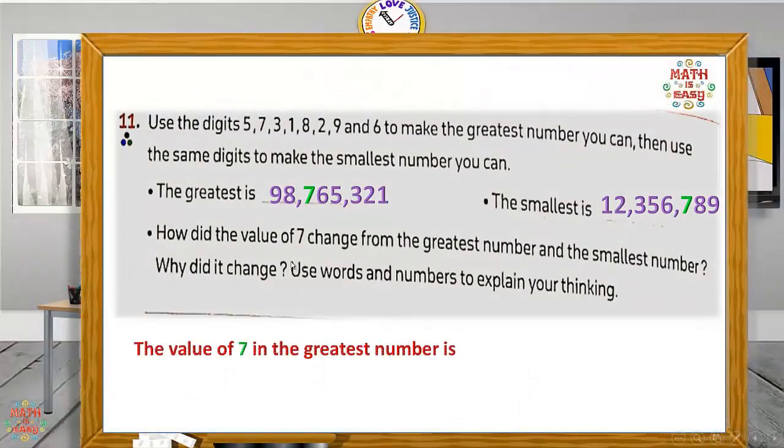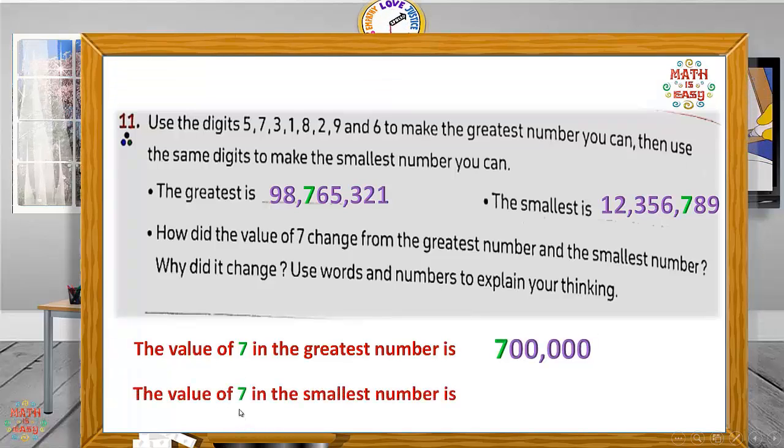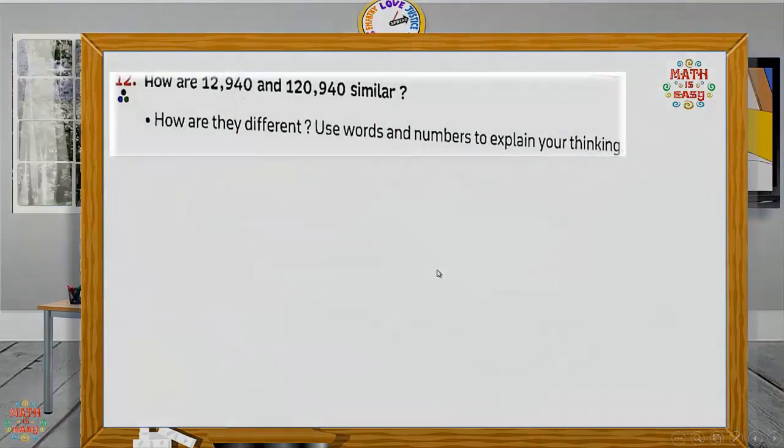The value of 7 in the greatest number is 700,000, and the value of 7 in the smallest number is 700. So you can say the value of digit 7 changes according to its place. If 7 is in the thousands place it equals 7,000, if 7 is in the hundreds place it equals 700.